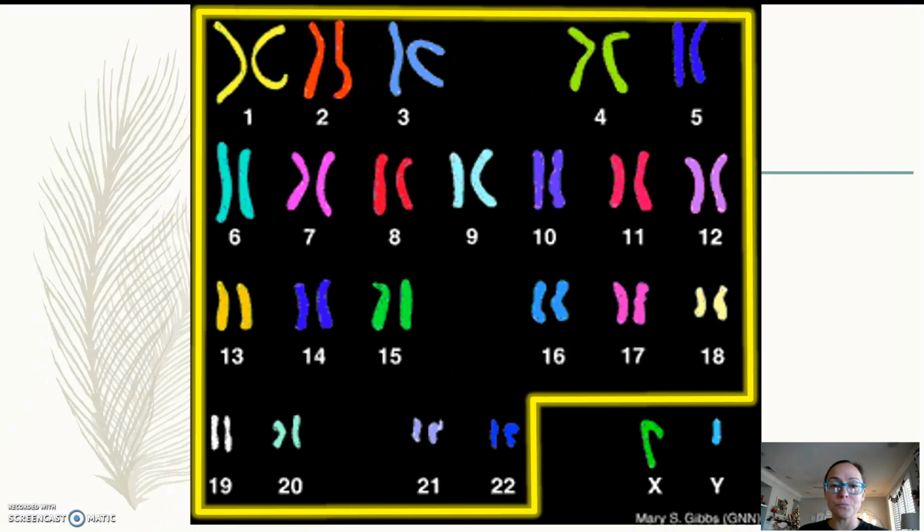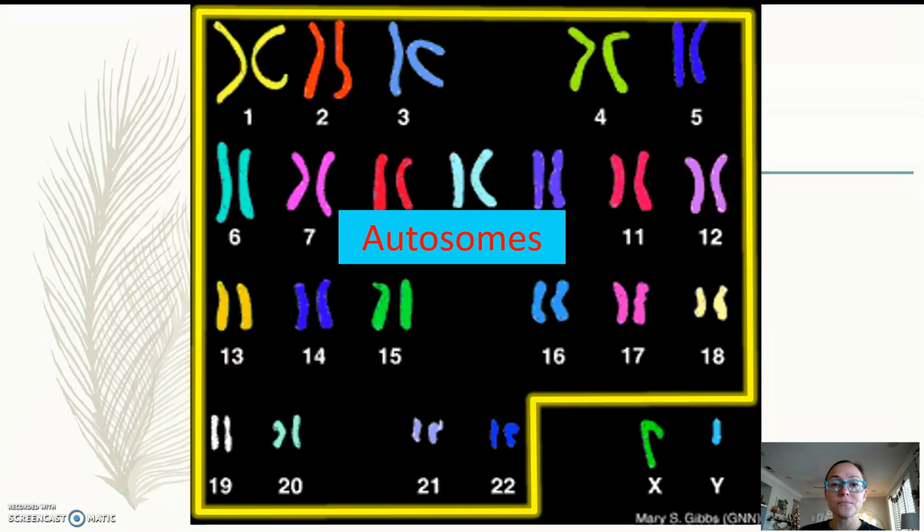Now, when we break down our chromosomes and classify them, you can see here chromosomes 1 through 22 are considered to be autosomes. So when we talk about modes of inheritance, we can say brown eyes is inherited autosomal dominant, or blue eyes is inherited autosomal recessive.